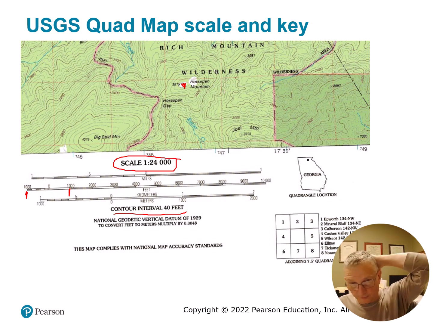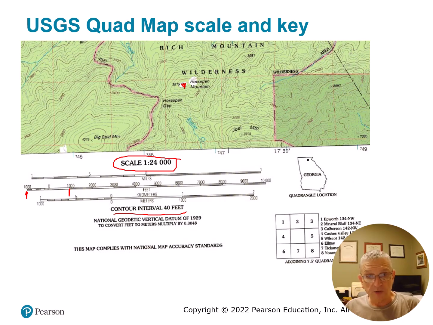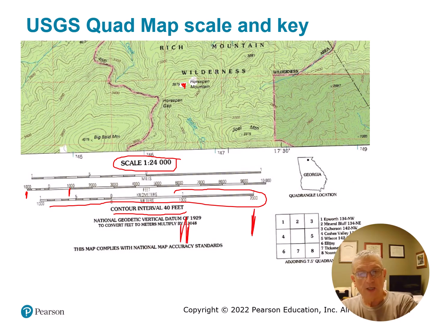Due to different metric conversions and initiatives, it's got a kilometers scale. From here to here is 1 kilometer. So you could use this map in metric or feet, and it's the same proportion.